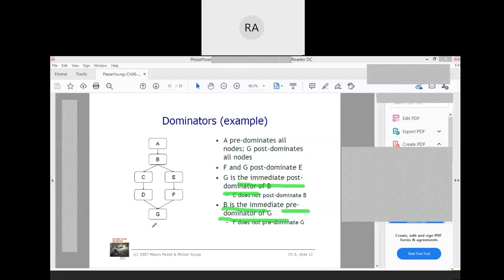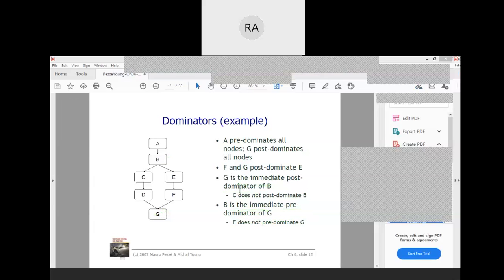That's why I have to consider G as the immediate post dominator for the node B, whereas B is going to be the immediate predominator for node G. These are the things you have to know about dominators, predominators and post dominators.